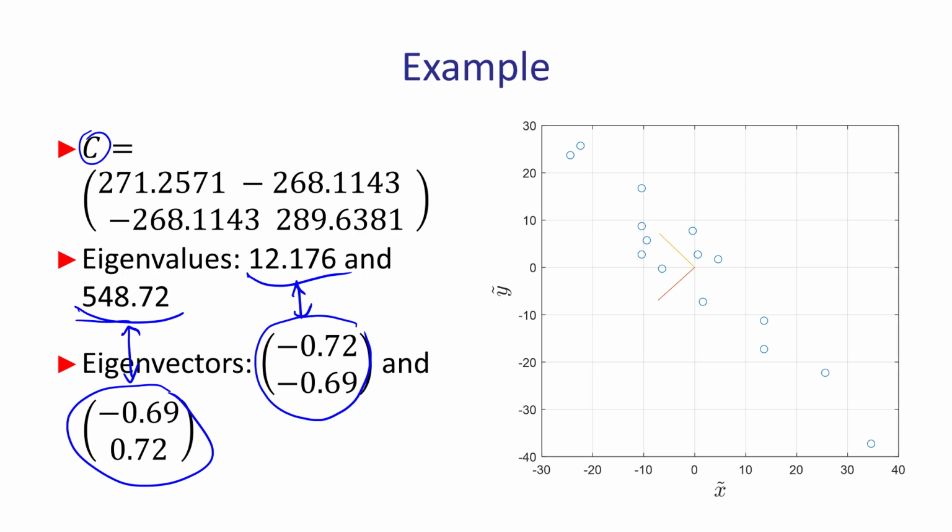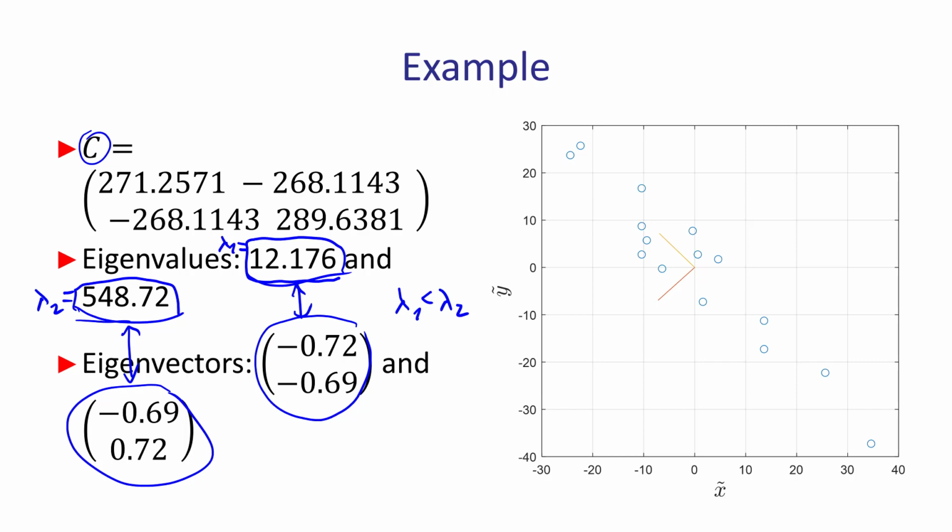Now pay attention that this eigenvalue, lambda 1, is much smaller than the second one, lambda 2. So lambda 1 is smaller than lambda 2, which means that lambda 2 is a much more important direction.